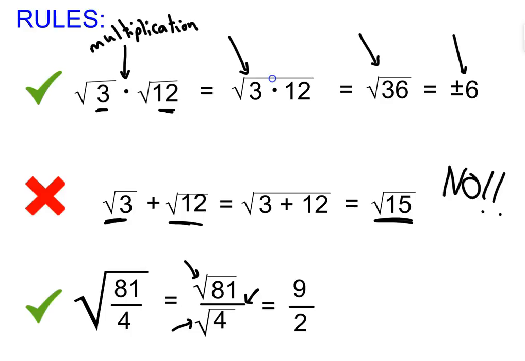Once you do that, this becomes a very, very simple problem. You can take the square root of 81 on its own to give you 9, and the square root of 4 on its own to give you the number 2, giving us the answer of 9/2. This would be a good way to solve problems when you can't simplify that interior fraction to something that's reasonable. 4 does not divide 81.